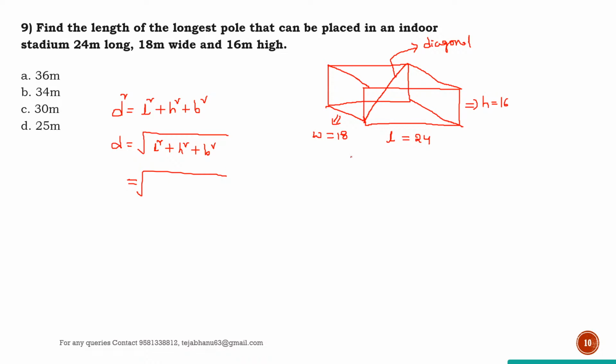First one, L is 24, right? So 24 square is 576, plus H square, 16 square, which is 256, plus 18 square, which is 324.